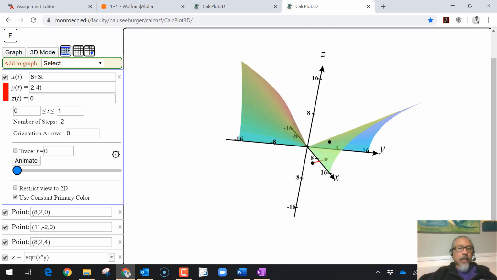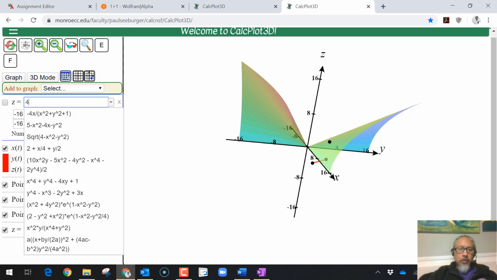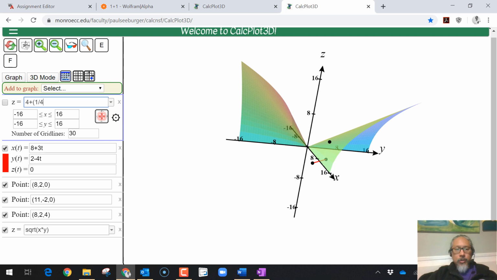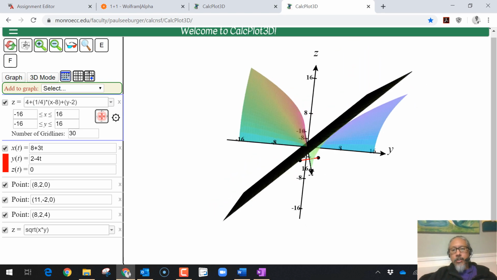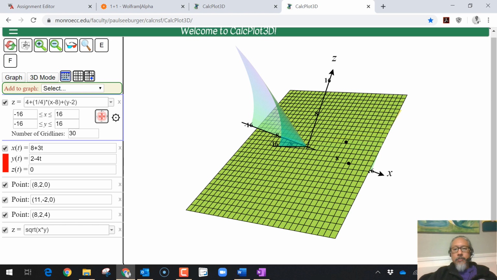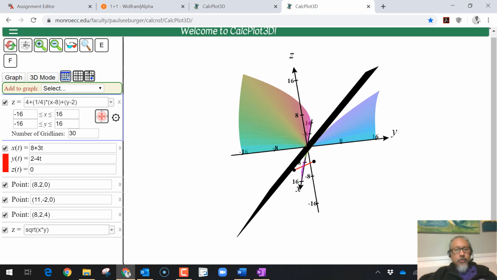And let us take a look at the function that's given by the plane, which is 4 plus (1/4) times (x minus 8), plus 1 times (y minus 2). So this is our tangent plane, and you can see that it is in fact tangent to that surface at that point. All right. Okay, sounds good. Let us move on.